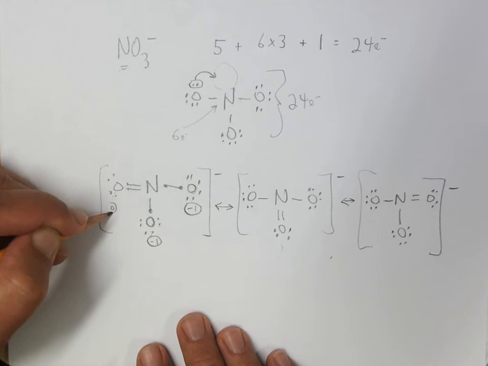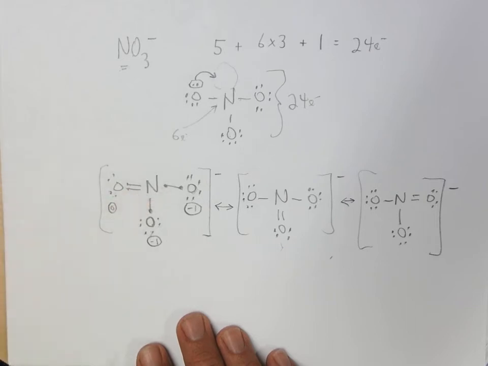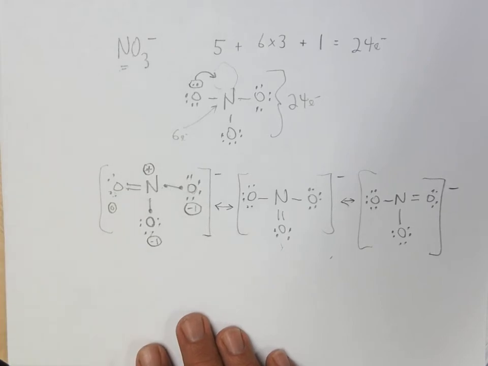That would be a neutral double bonded oxygen. And then the nitrogen, 1, 2, 3, 4 electrons from the shared pairs. A neutral nitrogen would have 5 electrons, so 4 is 1 fewer, so this is formally positive. So there's formal charge determination for the atoms in this ion.